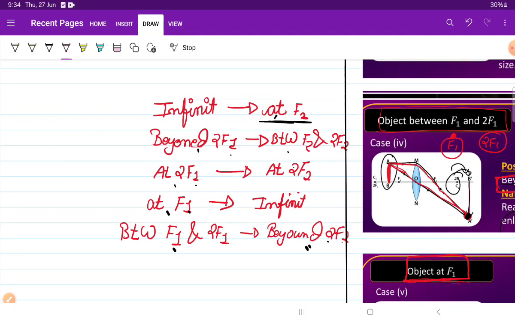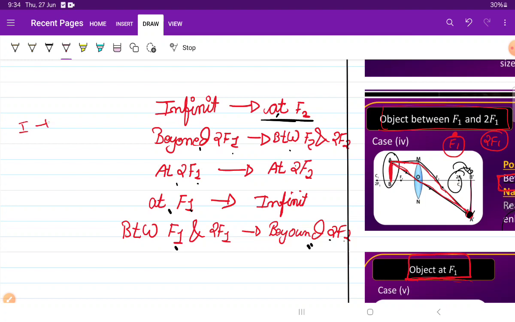First of all, remember the part 1 video in which we have told the shortcut tree: infinity to focus, beyond C to between C and F, then at C to at C, then between C and F to beyond C, then at focus to infinity. There is a vice versa.